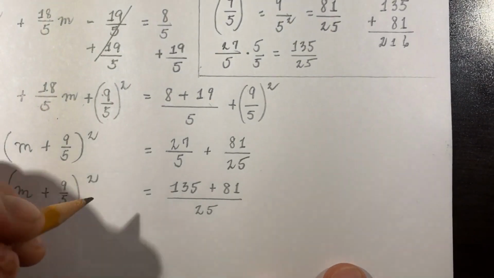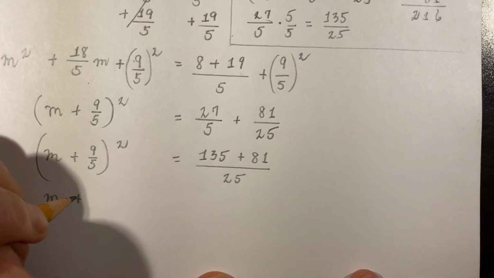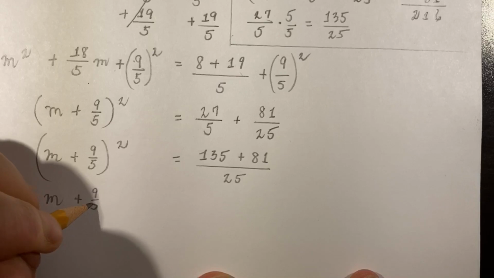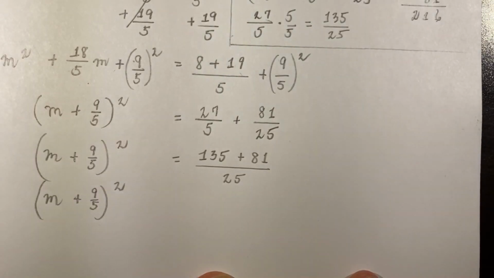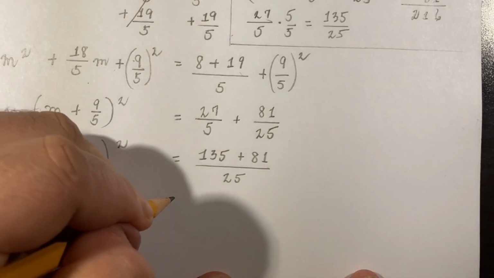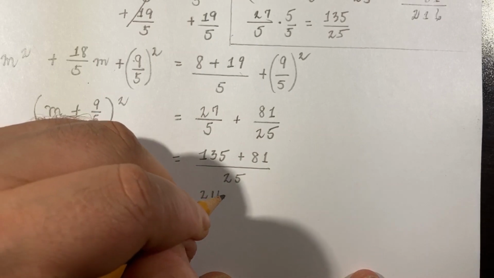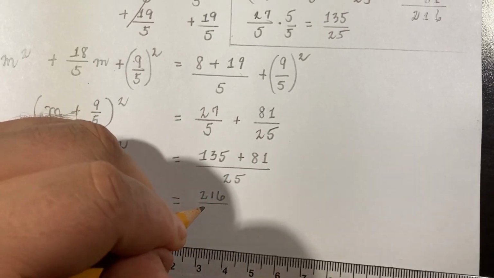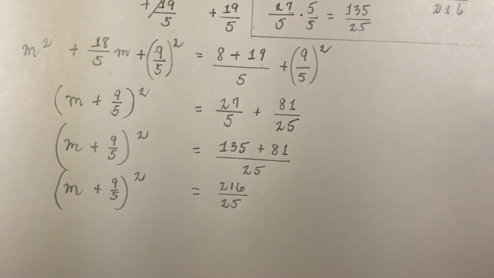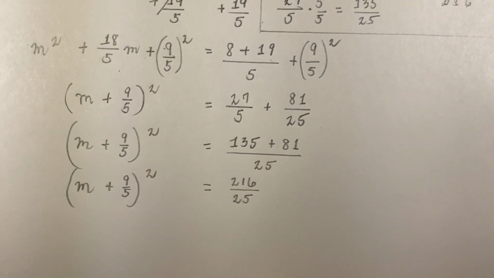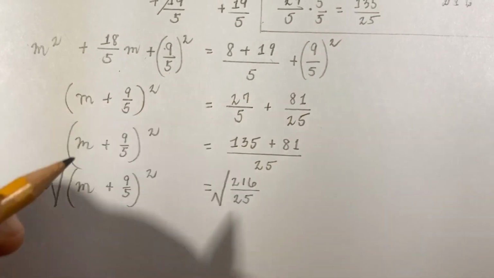How about you? So we're going to rewrite the left side yet again. m plus 9 over 5, and this is squared. We're just waiting to take the square root of that. Equals 216 over 25. Okay, we are now prepared to take the square root of both sides. And so we'll take the square root of the left side and the square root of the right side.